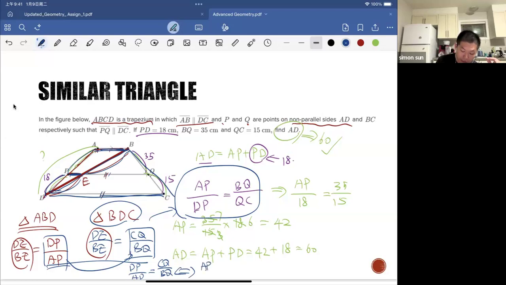So AP over DP is equal to BQ over QC, right? So the left side and the right side are also divided into the same ratios. Even though ABCD is not a triangle, you can separate it into two triangles to prove this one. Okay, any questions?